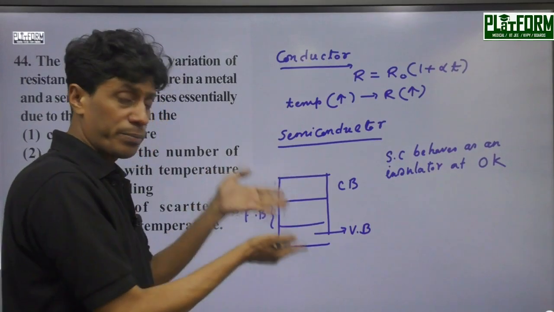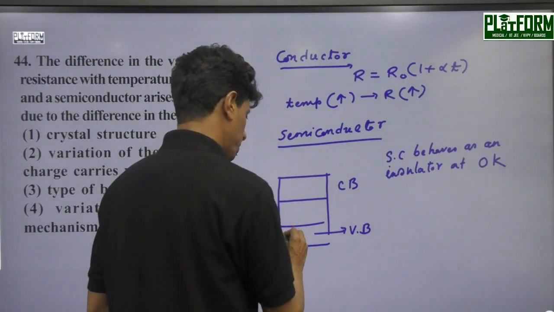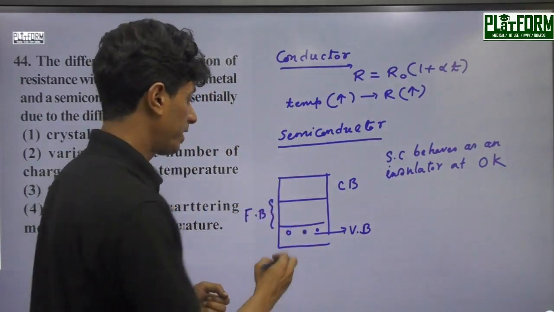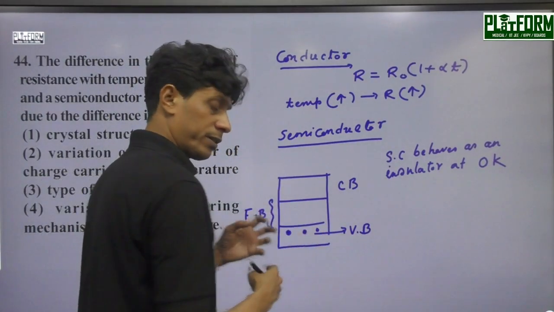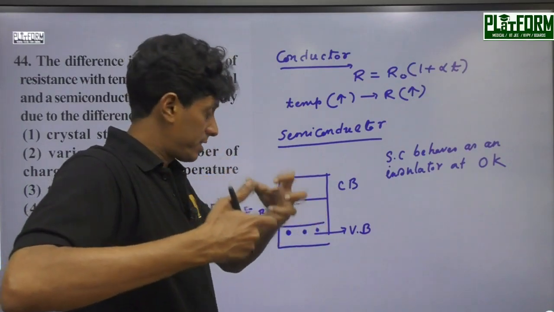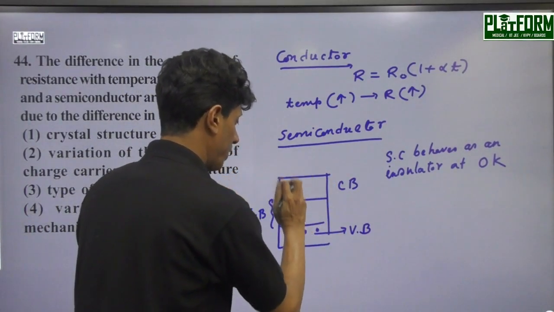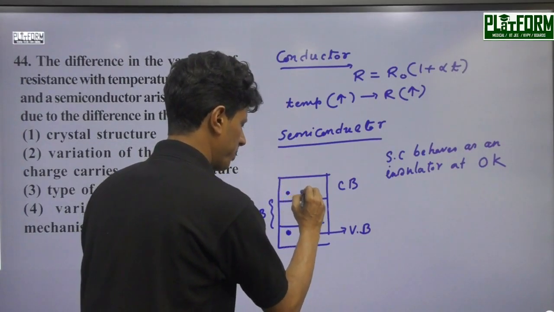But with the rise of temperature, electrons get heat energy and can overcome the forbidden gap and move to the conduction band.